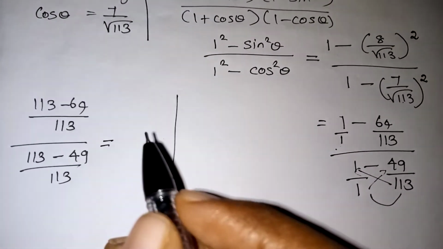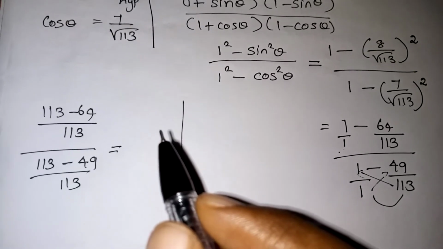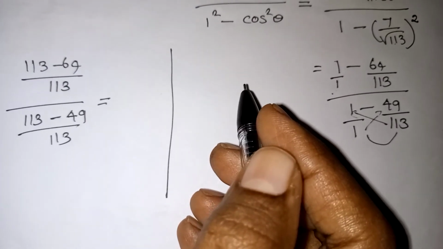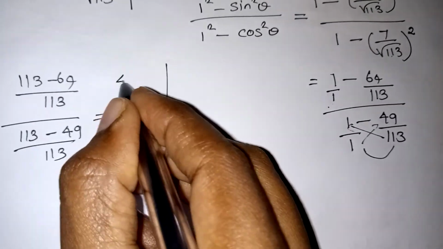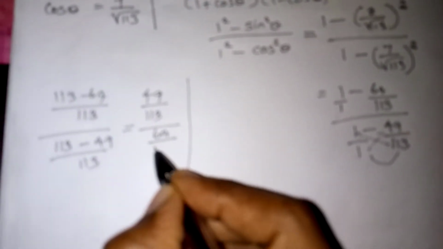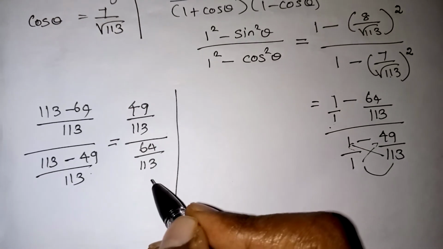So 113 minus 64 will give you 49 by 113 divided by 113 minus 49 will give you 64 by 113. Both are fractions, it's a complex fraction.